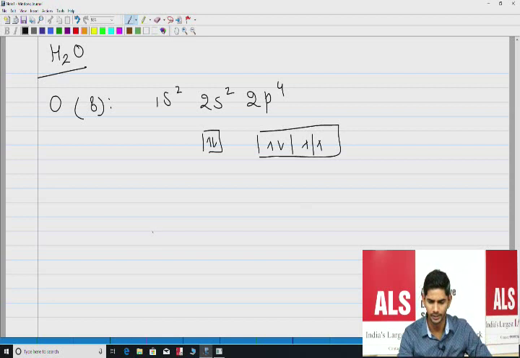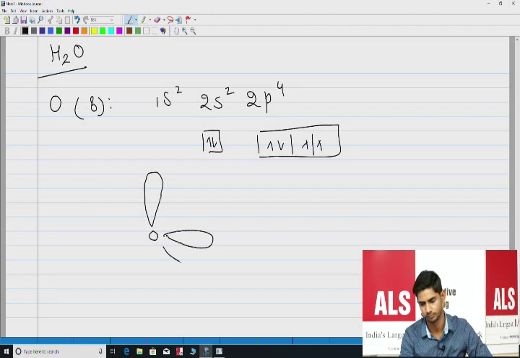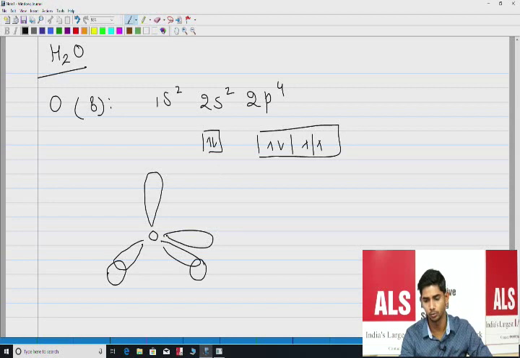So I can simply say this is the oxygen at the center. This is hydrogen, 2 bonds have been formed and the rest 2 are lone pairs.